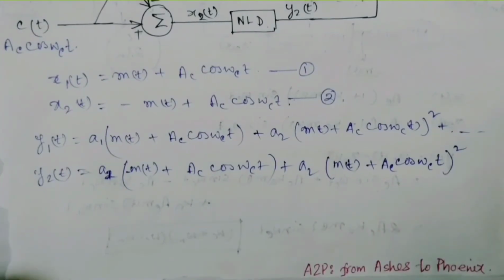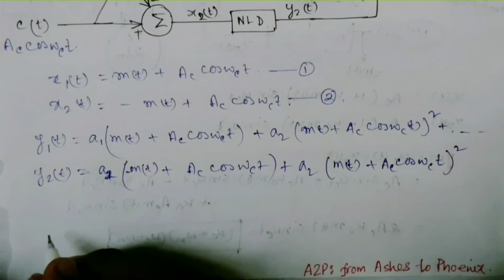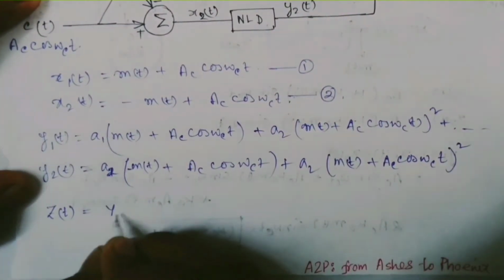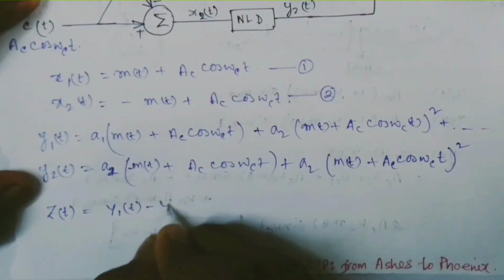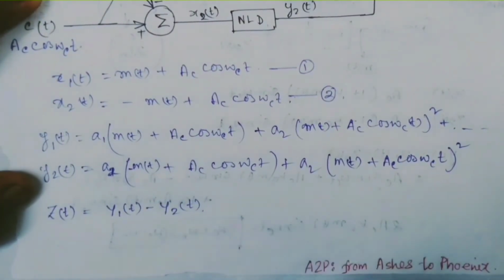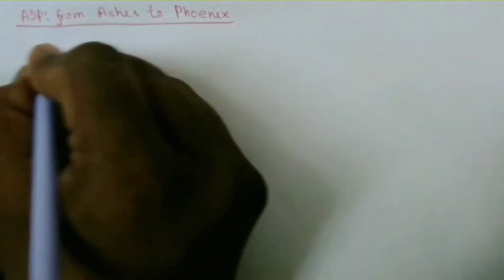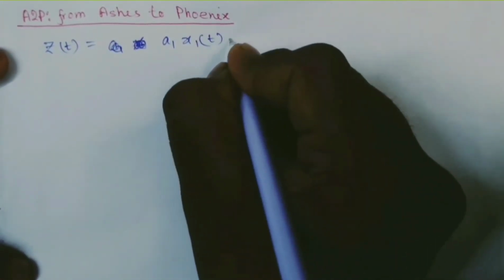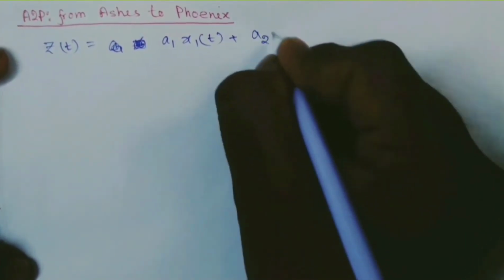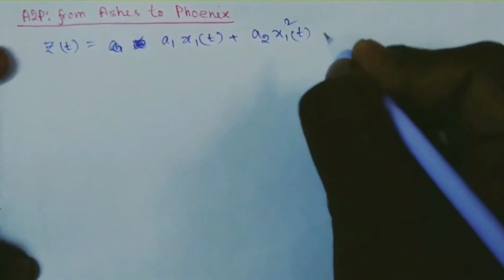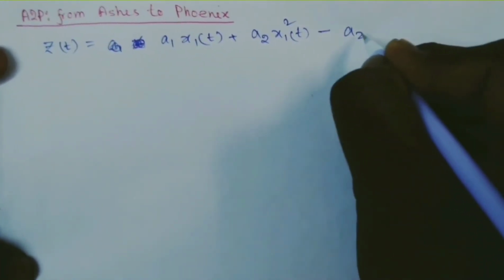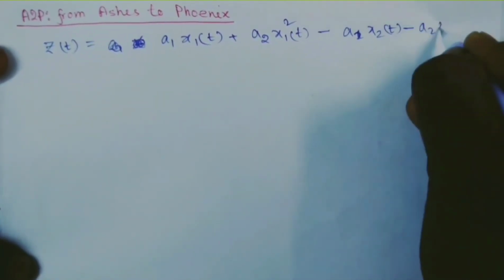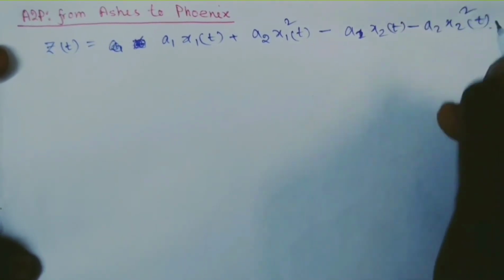Now these two signals are subtracted to get the output z(t). So z(t) is y1(t) minus y2(t). So z(t) will be a1 x1(t) plus a2 x1 square (t) minus a1 x2(t) minus a2 x2 square (t).